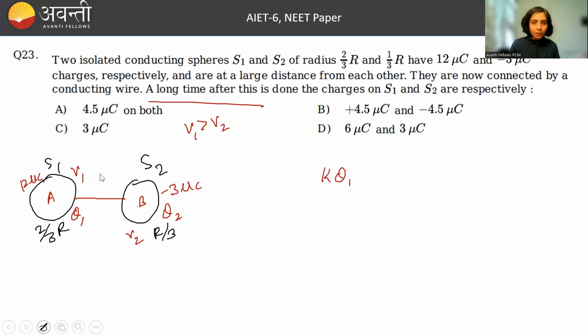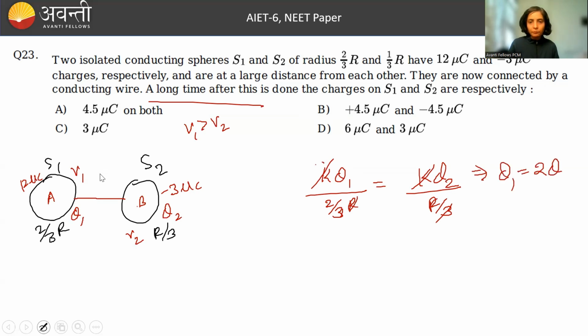It means K Q1 by, potential ka formula likh rahi hoon, should be equal to K Q2 by R by 3. So this 3 R will get cancelled, and here you will get what? Here you will get Q1 is equal to 2 Q2. Okay? One relation, but we have to calculate values of Q1 and Q2. So we need another relation.